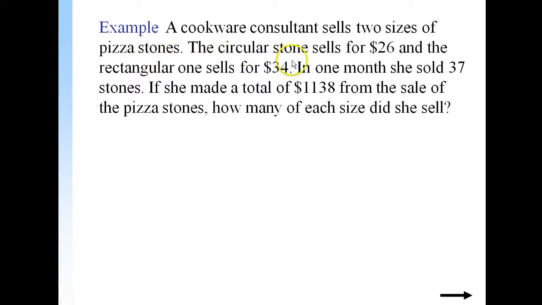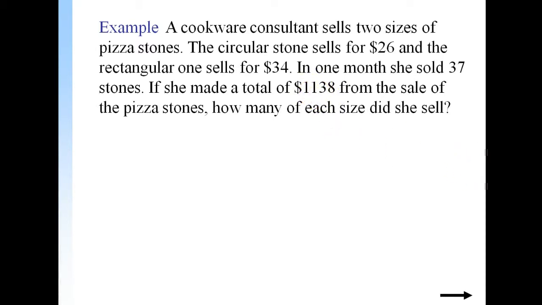The circular stone sells for $26, rectangular for $34. In 1 month, she sold this many stones, and she made this much money. How many of each size did she sell?